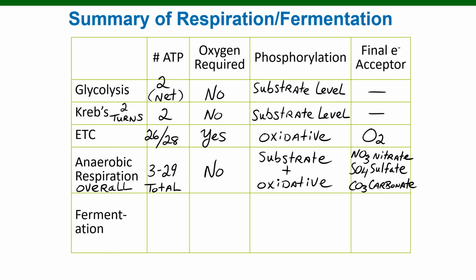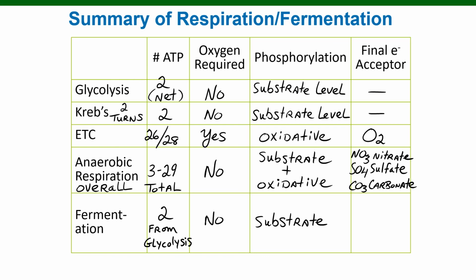And lastly, we can compare fermentation to these respiration processes and say that the ATP is a yield of 2, and that actually comes from the glycolytic step that precedes the fermentation processes. And we know that by definition fermentation is not a respiratory, it's not an oxygenated event, and so no oxygen is required. And the ATP that's produced is substrate level, just like it is in glycolysis.